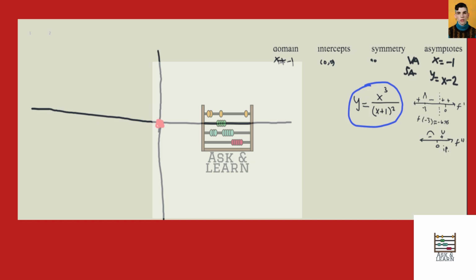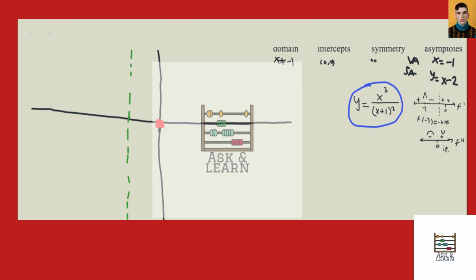Next, we can put our asymptotes at x equals -1. And we have a slant one at y equals x minus 2.